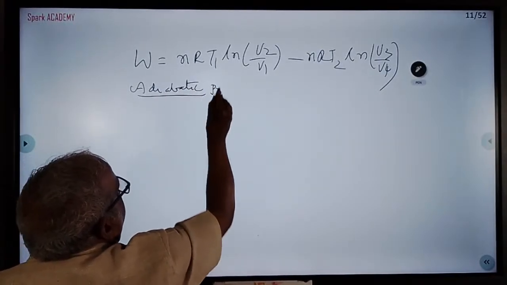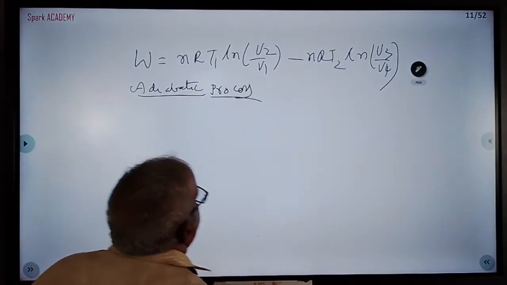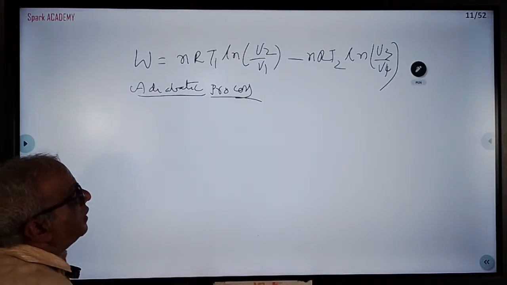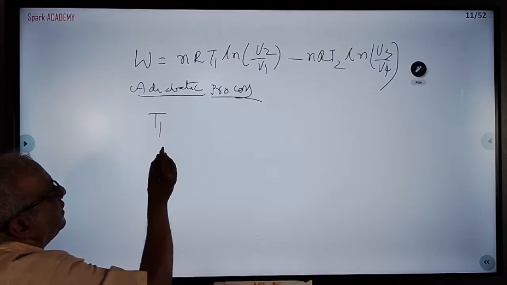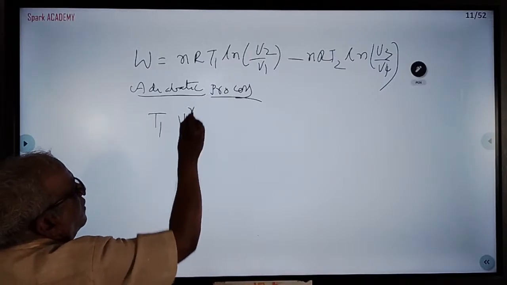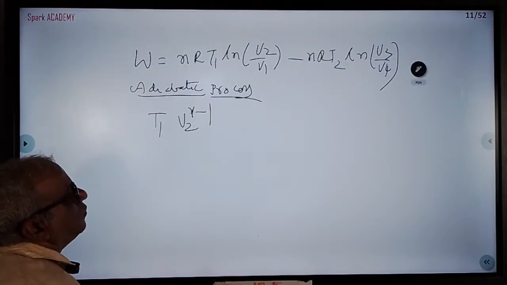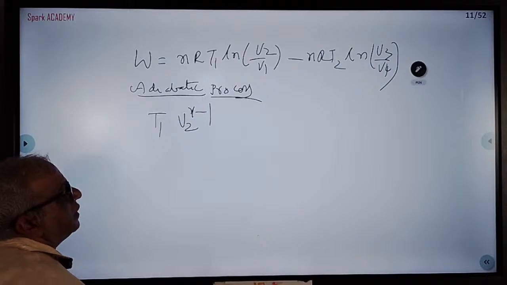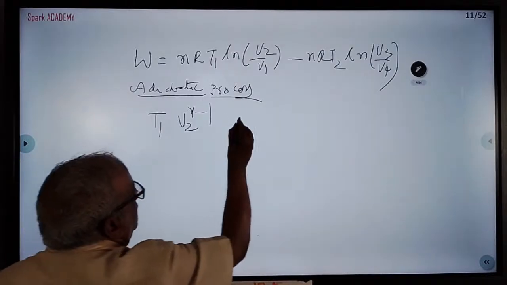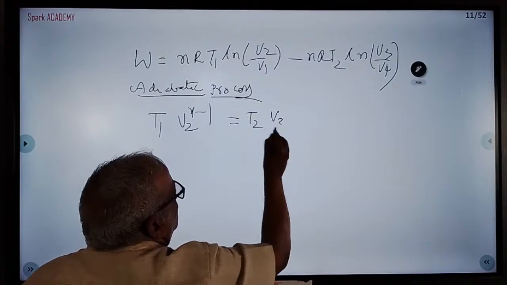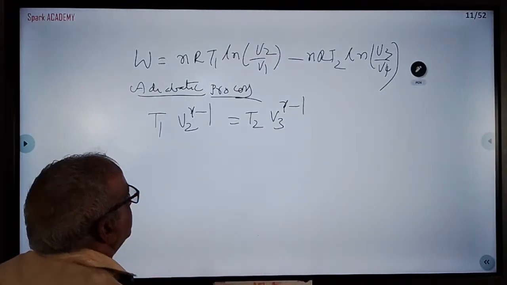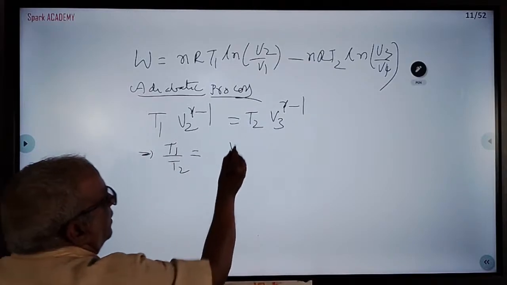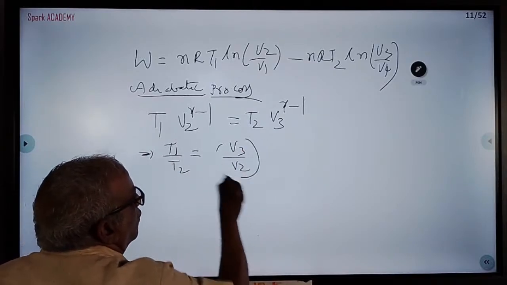For the adiabatic process, I am drawing B to C. B starting from temperature T1, B to C adiabatic: T1 V2 to the power of gamma minus 1 is equal to T2 V3 to the power of gamma minus 1 you will get.